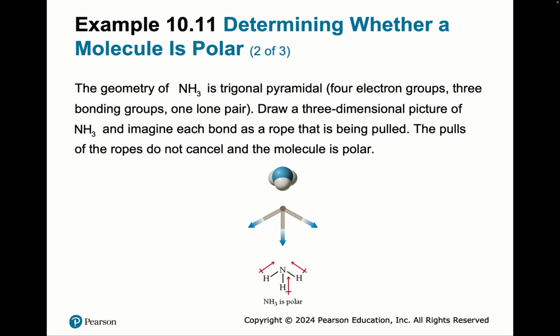If things are linear, planar, or tetrahedral, and all the groups are the same, then it's going to be nonpolar. If any one of those groups are different, then it's going to be polar.